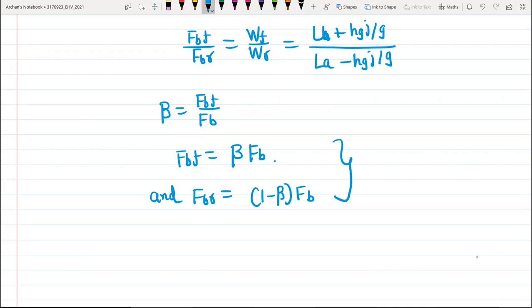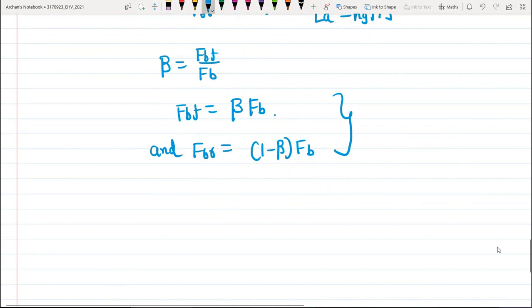These are our equations of interest. Now we know Fbf and Fbr. If we take the ratio of Fbf and Fbr, it will be equal to beta upon (1 minus beta). So this is what we have in the case of braking.